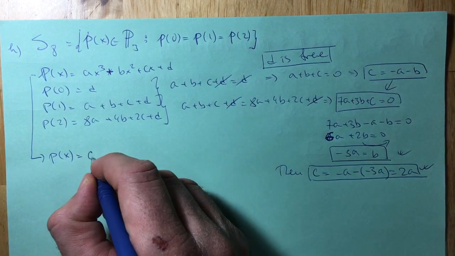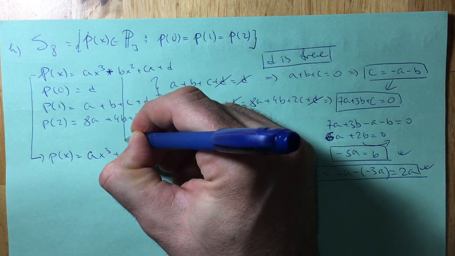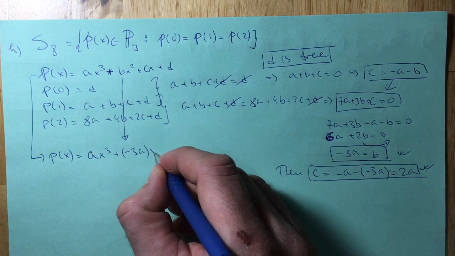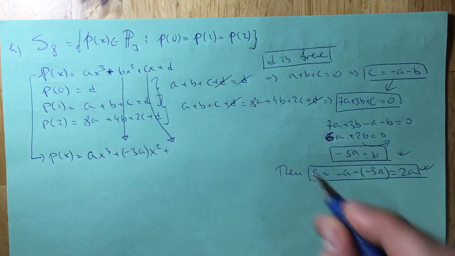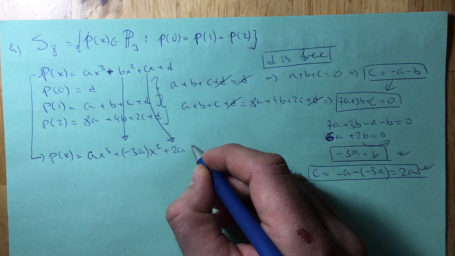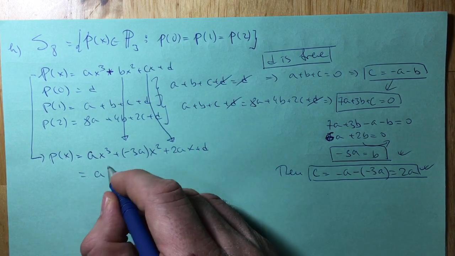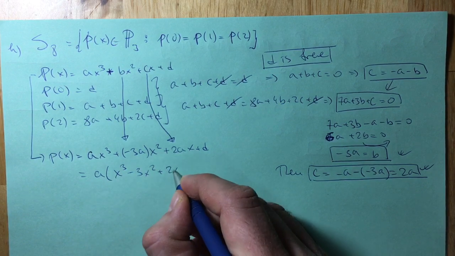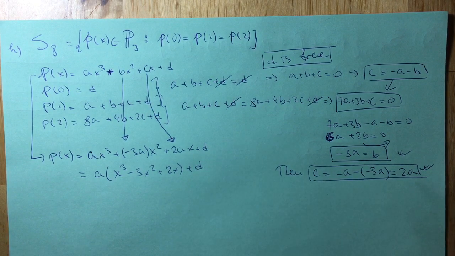So p of x is equal to ax cubed plus, instead of b, I write minus 3a times x squared, plus, instead of c, I write how much I have gotten in terms of a, that's 2a times x plus d, and now simply factor a for each term and you get a times x cubed minus 3x squared plus 2x, plus d times 1, of course.